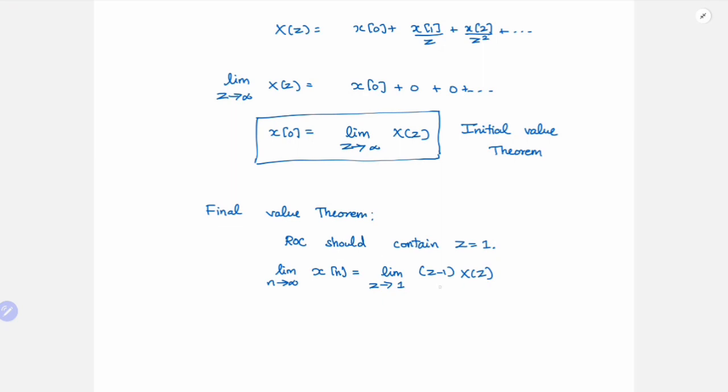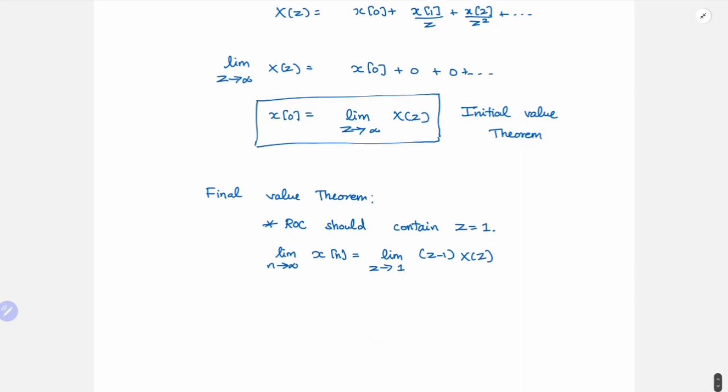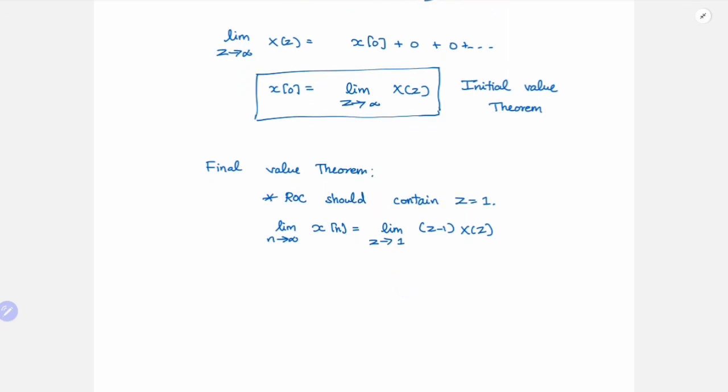So this is your final value theorem formula. For this to be valid, your ROC should contain z equal to 1. So that is an additional thing for your final value theorem, and we'll also derive this.